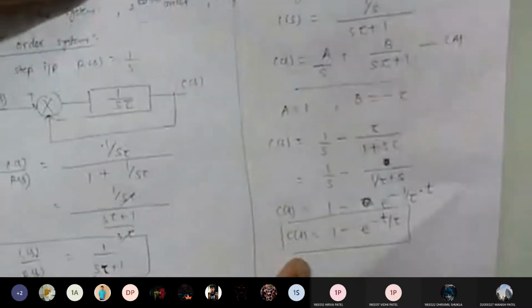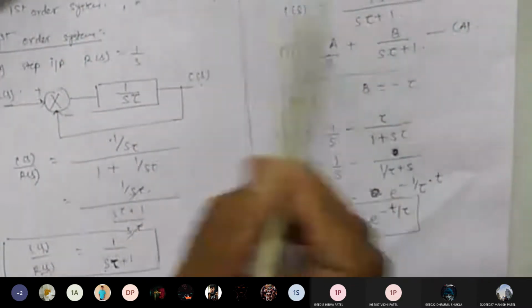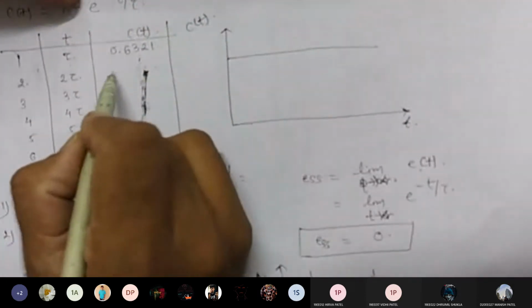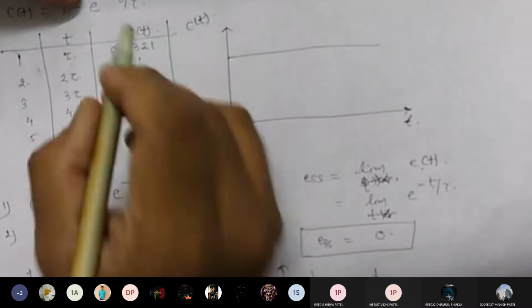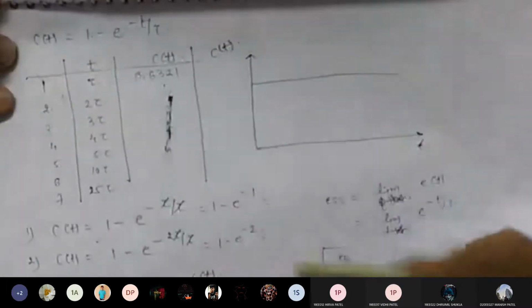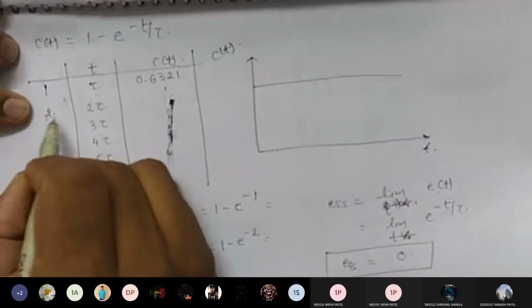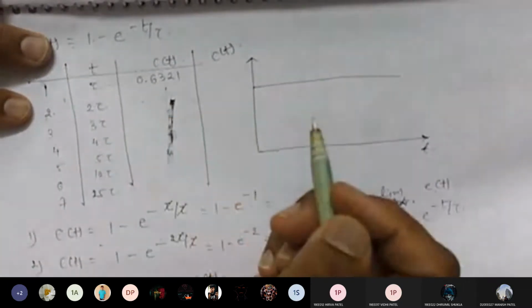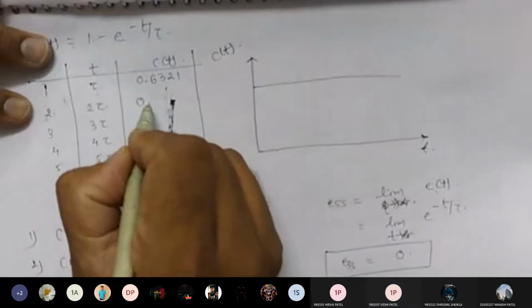Then we have taken transient response analysis for the first order system, where we have applied 1 upon s. Can you complete this? Completed? Yes, sir. What is the answer of C of t for the second equation? At t equal to 2 tau, 0.13.